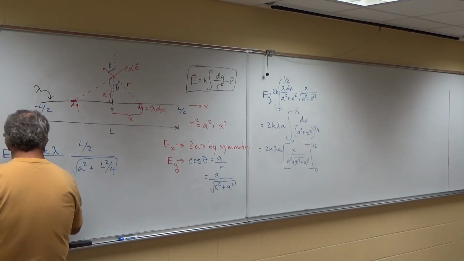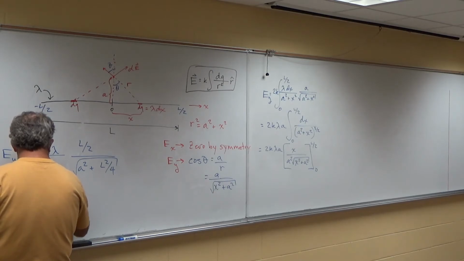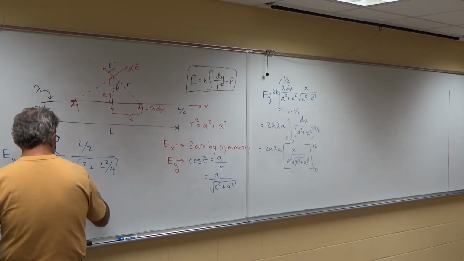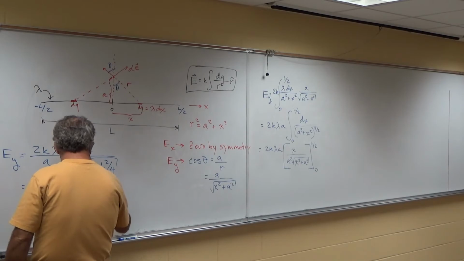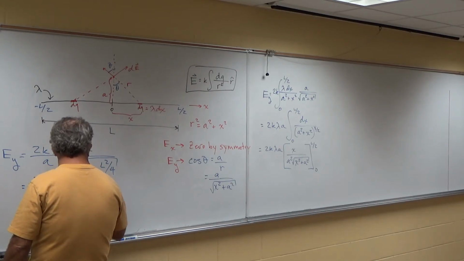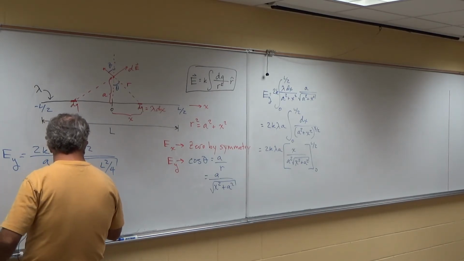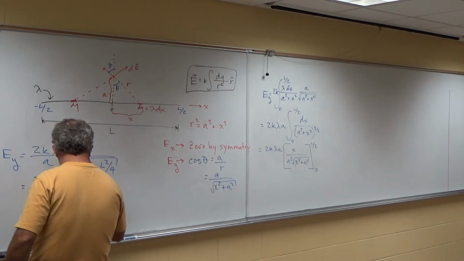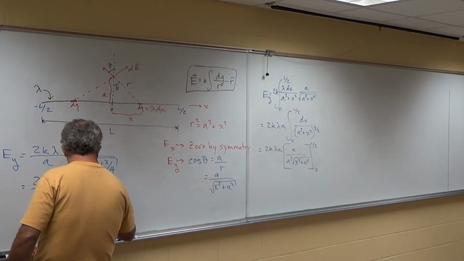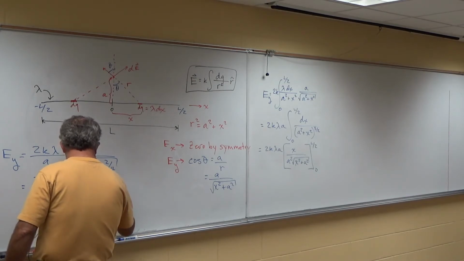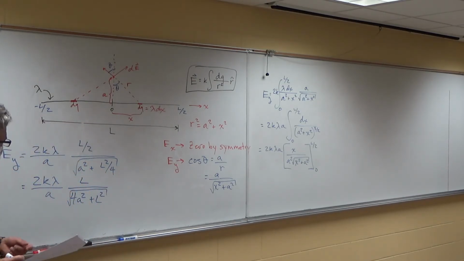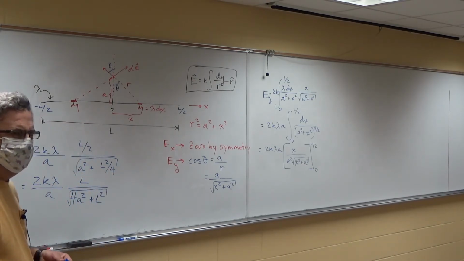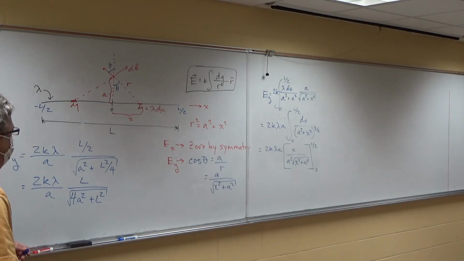And this is 2k lambda over a times L over, what does this become? 4a squared plus L squared. And that's it. Okay. Can you see that? Probably, maybe not back there.